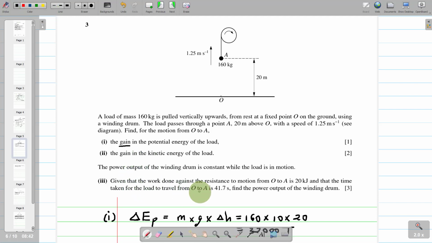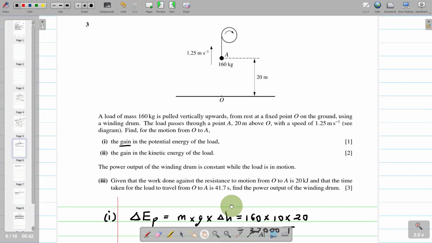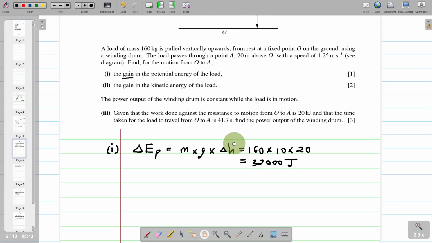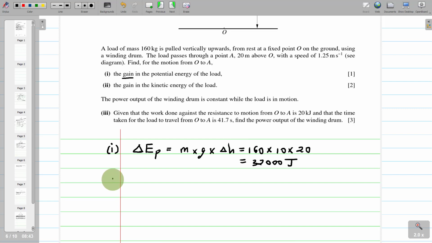The second part is the gain in kinetic energy. Let me create some space there. So we want to work out the gain in kinetic energy. This is represented by delta EK. Again, this is a gain in kinetic energy. It's going to be equal to half mass times the final velocity squared minus the initial speed squared.